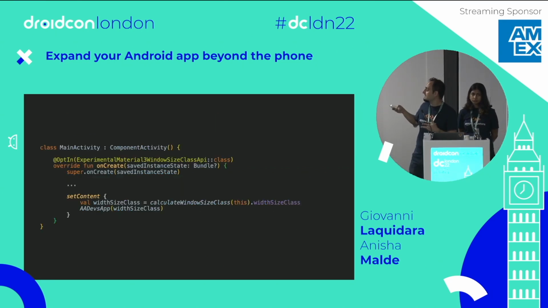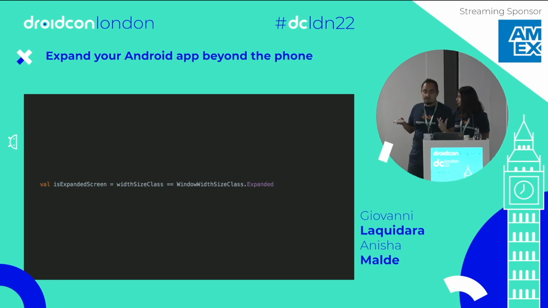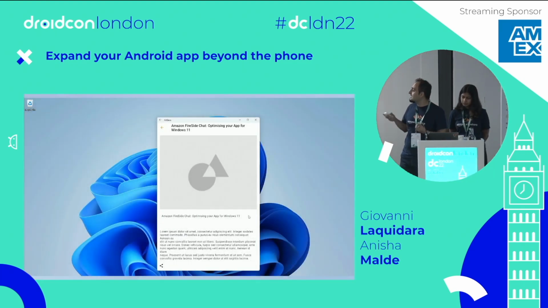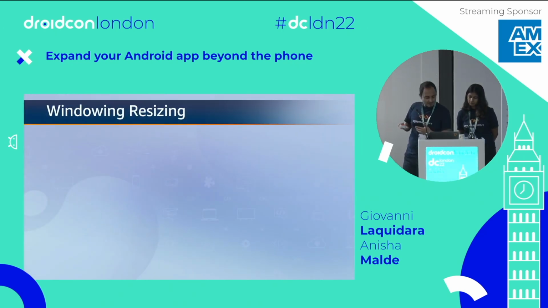Then we pass that as an argument in the composable hierarchy. Specifically, we use the width size class to understand if the screen is expanded. If it is, we show or hide a drawer, a list of the videos that we are displaying in our app.